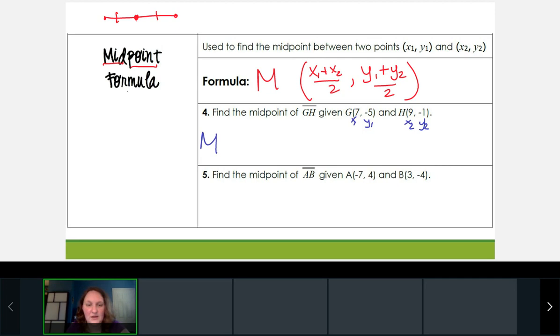So the midpoint would be 7 plus 9 divided by 2, and -5 plus -1 divided by 2. Well, 7 plus 9 is 16, divided by 2 is 8. -5 plus -1 is -6, divided by 2, -3. So the coordinate of the midpoint is 8, -3.